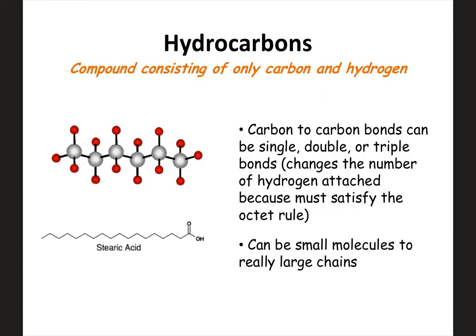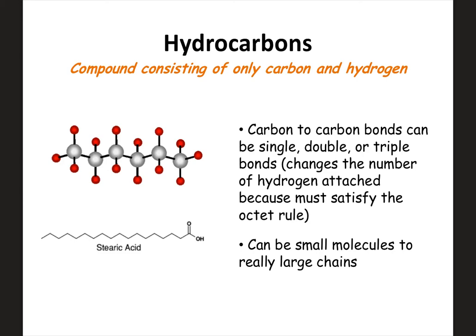If you hear the term hydrocarbons here, you need to realize that this is just going to be a compound that has just carbon and hydrogen in it. Obviously, it's organic because it has carbon, but it's just going to consist of carbon and hydrogen. Obviously here, carbon-to-carbon bonds can either be single bonds, you could have carbon-carbon double bonds, or carbon-carbon triple bonds in these molecules.